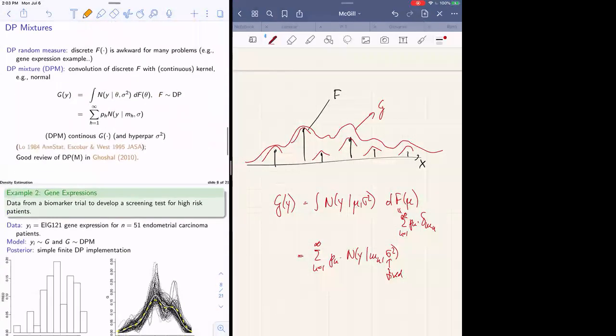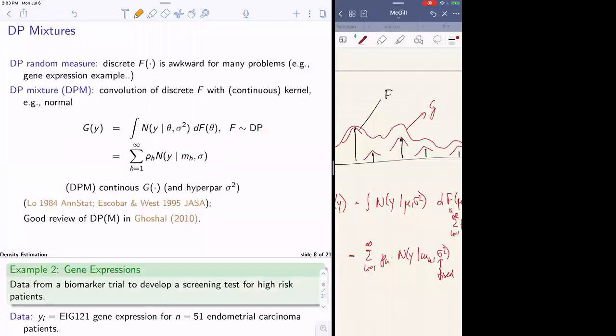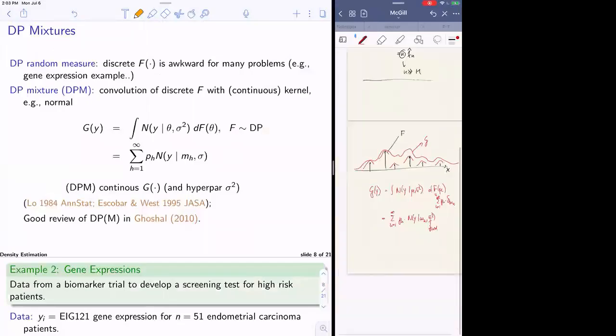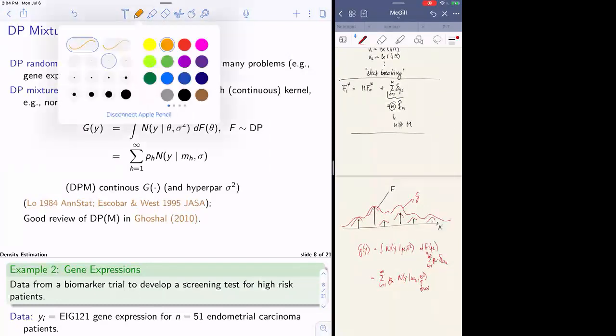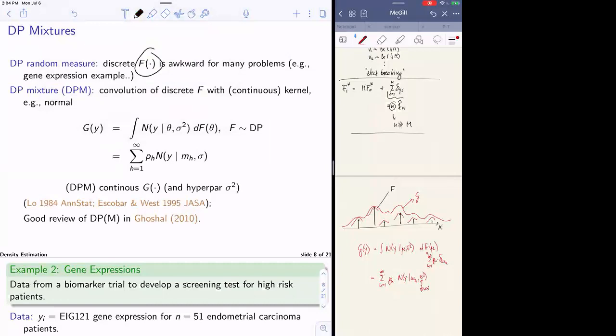And that's exactly the idea of Dirichlet process mixtures, which appears now on the slide on the left side. Here's again the ugly discrete f of y, the summation of the point masses at atoms m sub h.